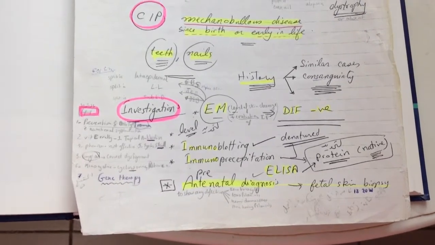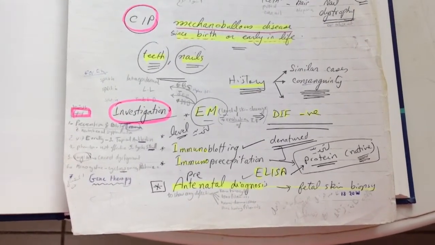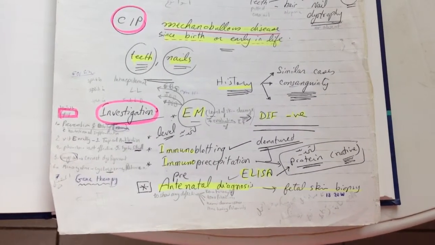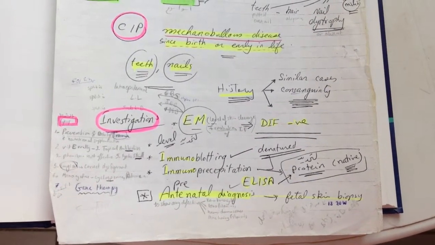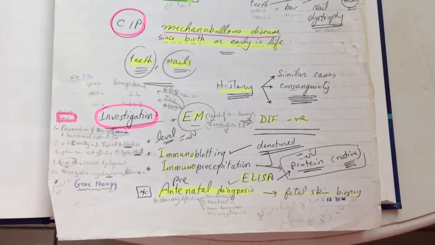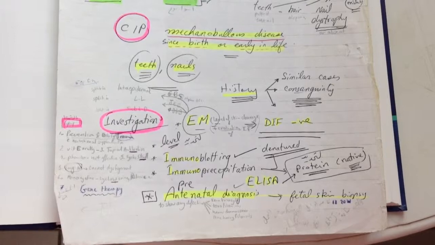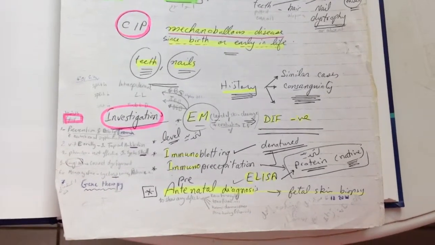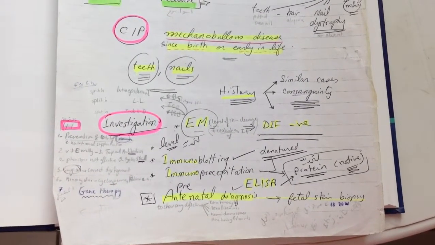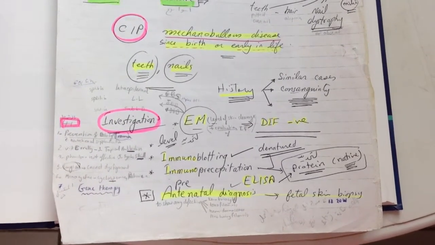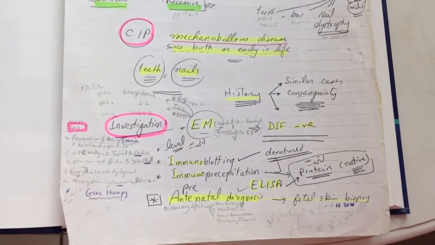Of course, the direct immunofluorescence is negative. And also there are immunoblotting and immunoprecipitation of the denatured protein to detect the native protein, with ELISA. And there is antenatal diagnosis with fetal skin biopsy at 18 to 20 weeks to show any defect in keratinocytes, tonofilaments, hemidesmosomes, or anchoring filaments.